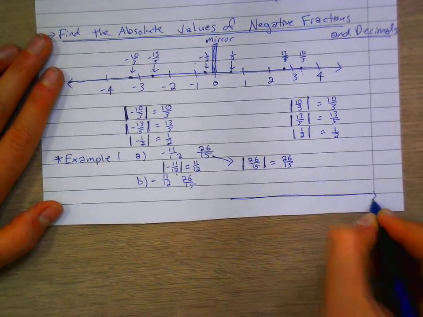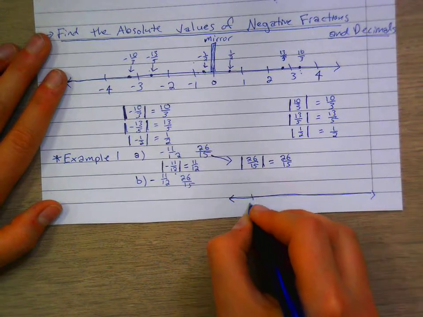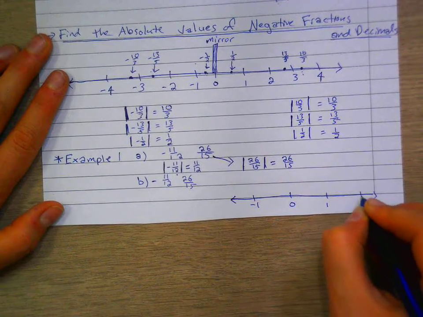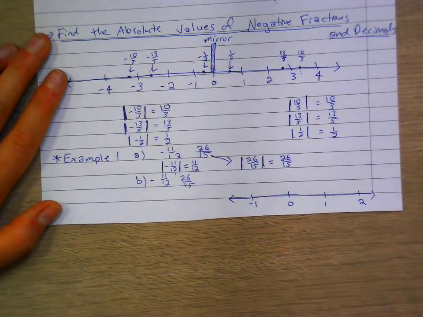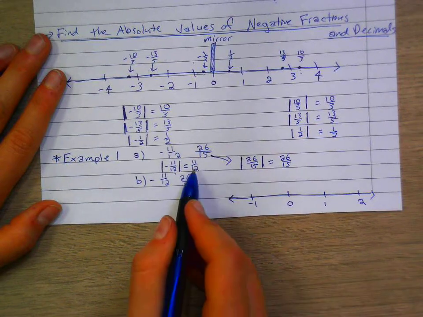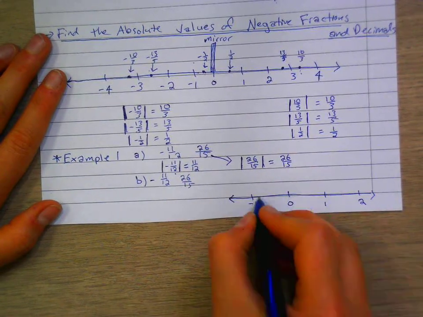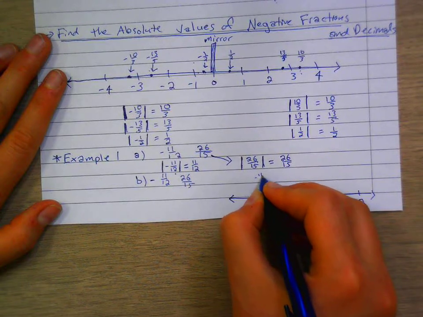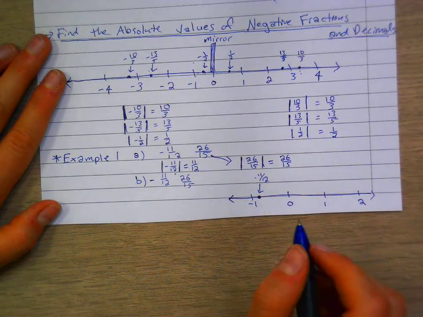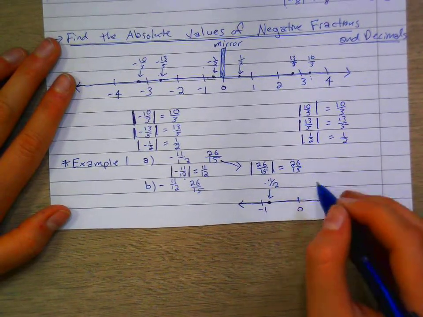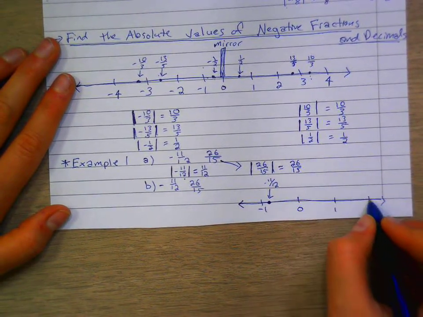We're going to draw a negative 1, a 0, a 1, and a 2. Now negative 11 twelfths is approximately almost equal to negative 1. Therefore our point is going to be here. And 26 fifteenths is somewhere between 1 and 2, closer to the side of 2.